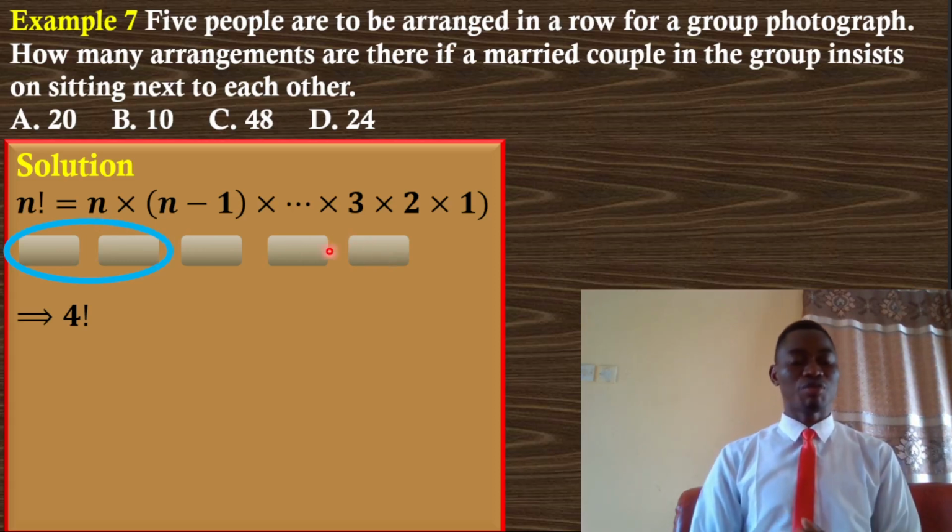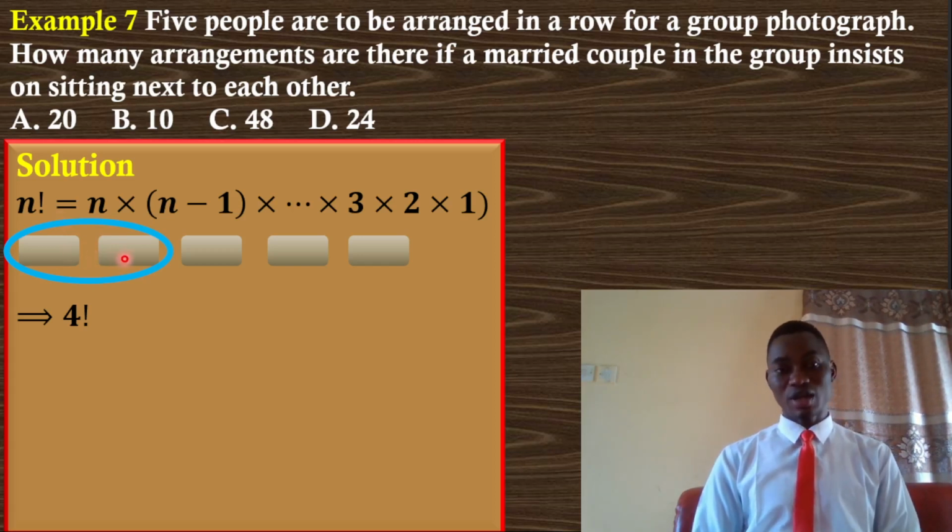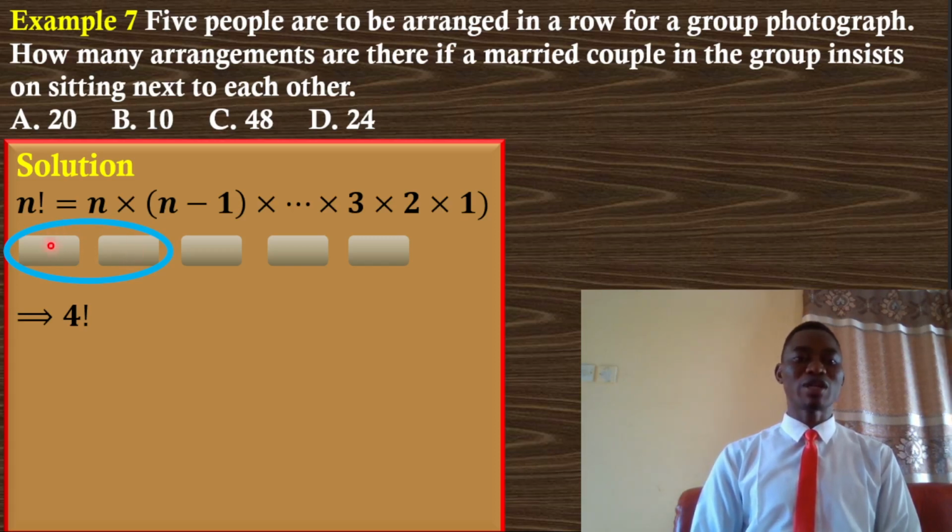But then within this couple, there are 2 ways they can sit next to each other. Is that clear? The man can choose to sit here while the woman sits here, or the woman sits here and the man sits here.